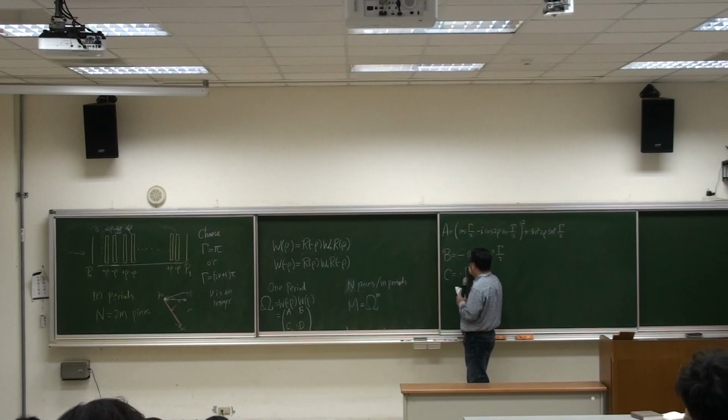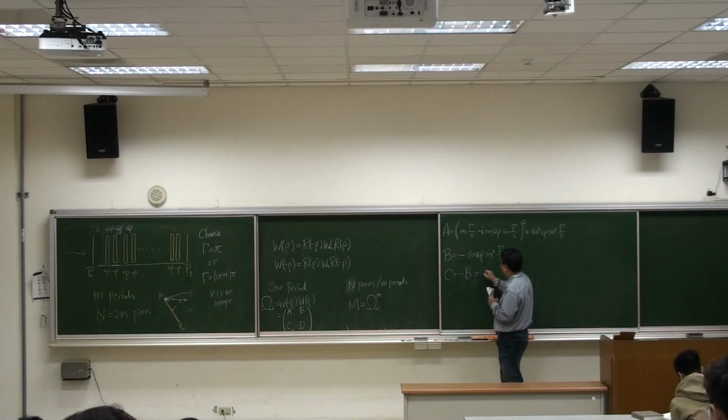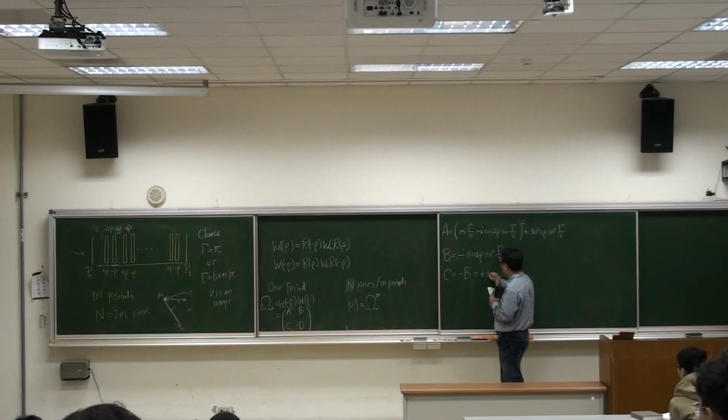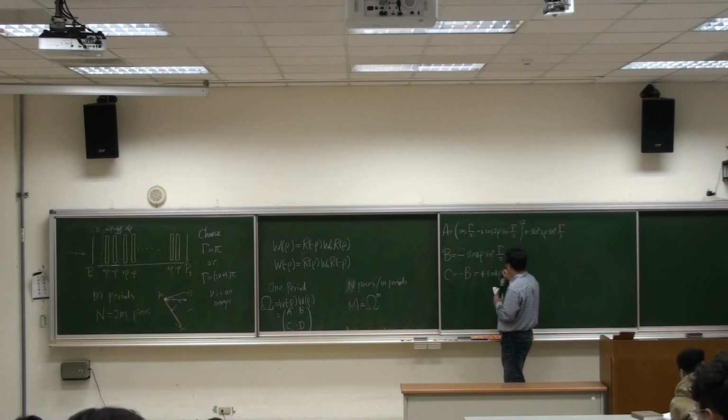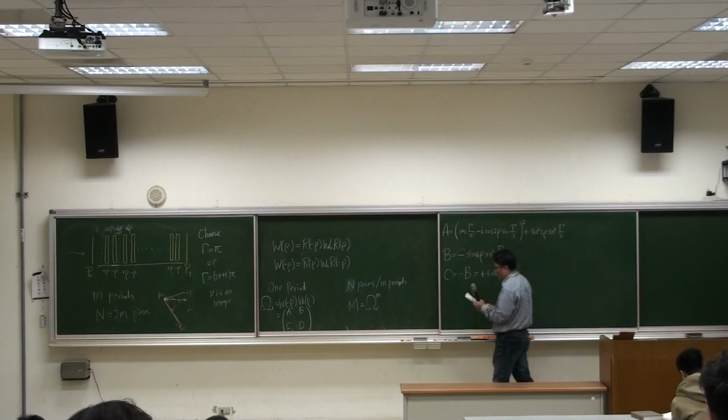C is negative B. This is correct, which means it is positive sine 4 rho sine squared half gamma.